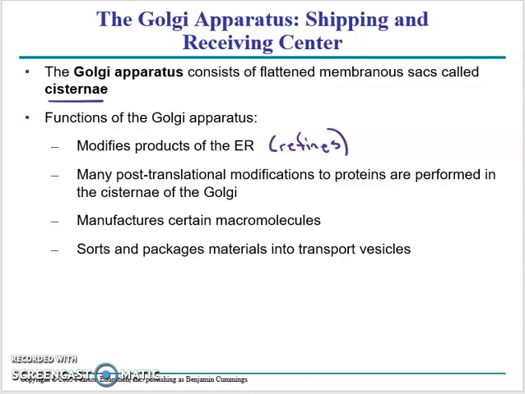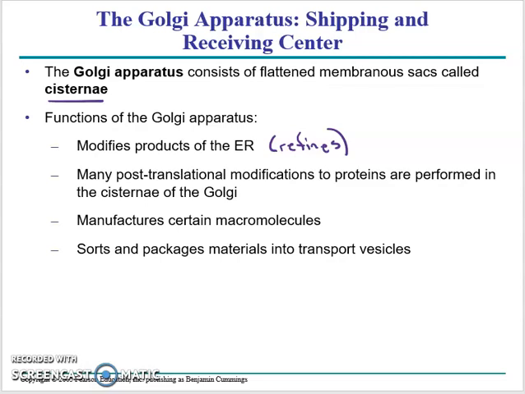Many post-translational modifications. So what this means is the process of making a protein from RNA is called translation, right? So after translation, those proteins can still be modified so that they can be functional or more efficient, right? So that's why we're calling this post-translational modifications. It also manufactures certain macromolecules, which is extremely vague, but it can, right?